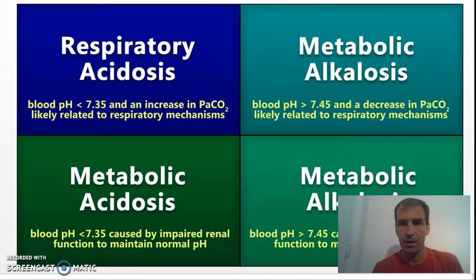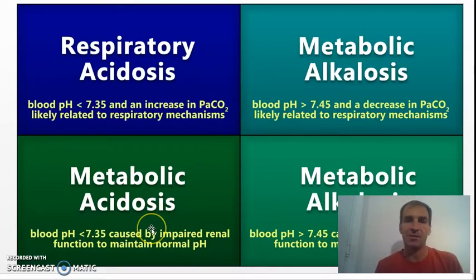Now, because of that, not only is there acidosis and alkalosis, there are different conditions that may cause it. So, you may have, for example, respiratory acidosis, which is when pH is low, but it's related to respiratory issues. You may have metabolic acidosis, where again, pH is low, but it's not because of respiratory issues and inability to get rid of CO2.